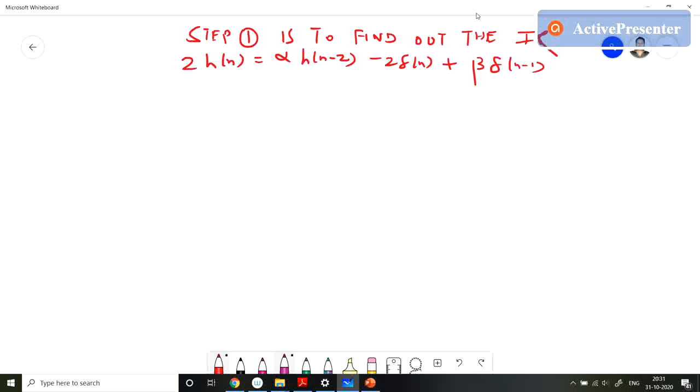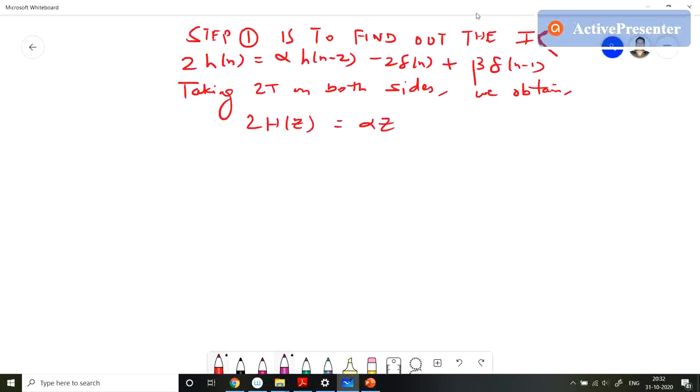Now we are taking the z transform on both sides, and we obtain 2hz equals alpha z raised to the power minus 2 hz minus 2 into 1 plus beta z raised to the power minus 1 into 1.